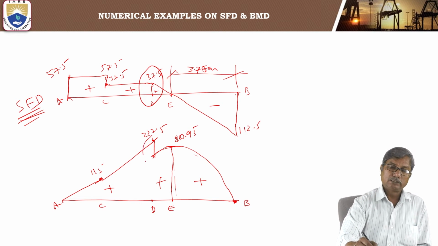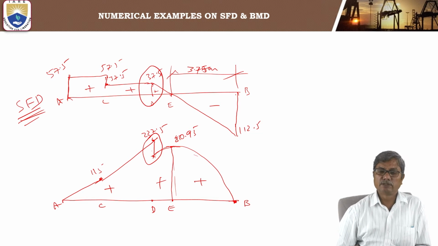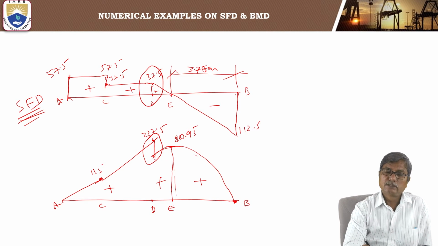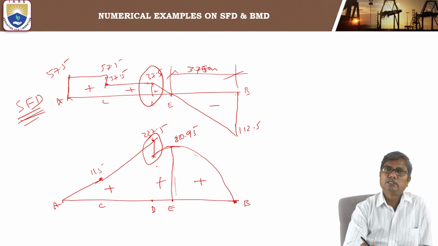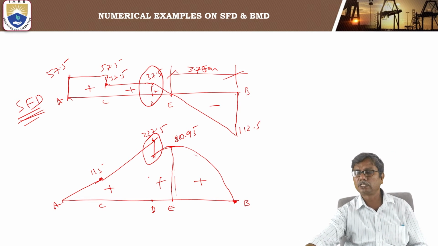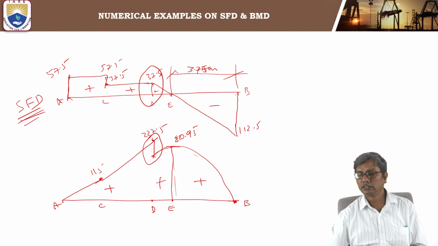There is a possibility of negative bending moment also, if the magnitude of the couple is too large. In all the other cases, that means without couple, in case of a simply supported beam, the bending moment diagram will be positive.